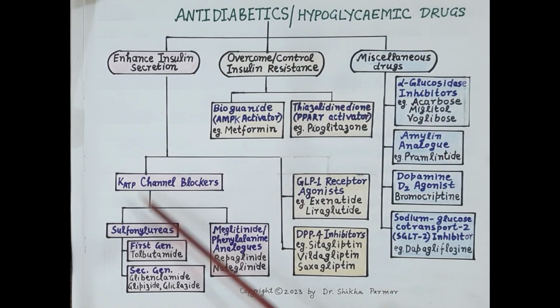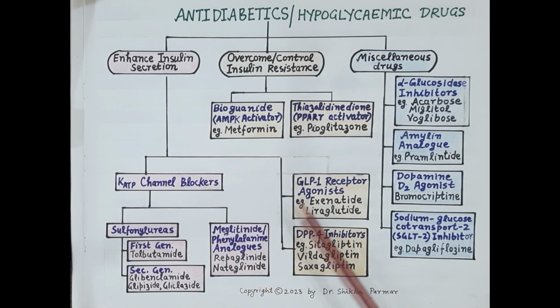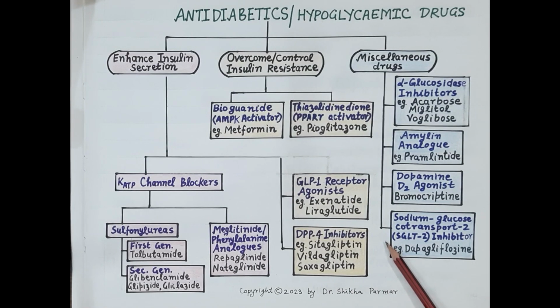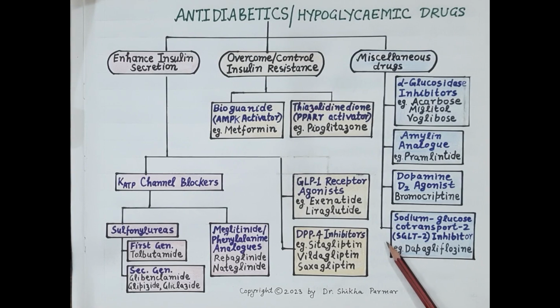So, this is the classification of anti-diabetic drugs. As discussed, metformin is the drug of choice in all cases of type 2 diabetes mellitus. Now, use of other drugs depends upon the characteristic features of the patient and severity of type 2 diabetes mellitus. So, let's discuss pharmacology in brief of each class of these drugs.